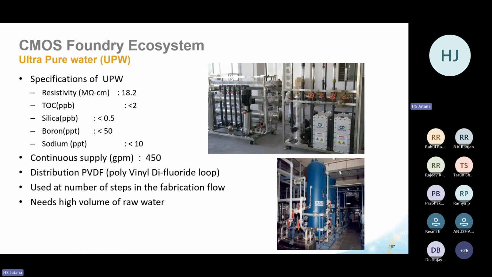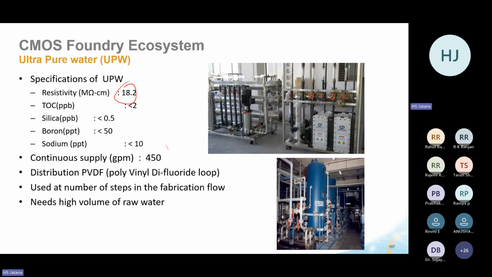Ultra pure water is needed in a very high quantity. Resistivity of pure water is 18.2 mega ohm centimeter, and there should not be any particle in this, and the specification is in PPB and PPT.